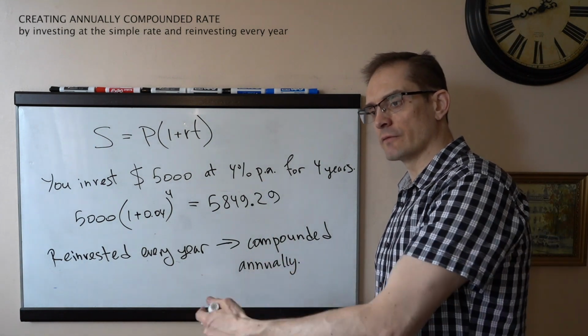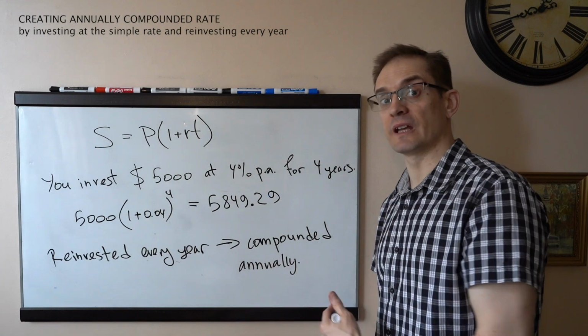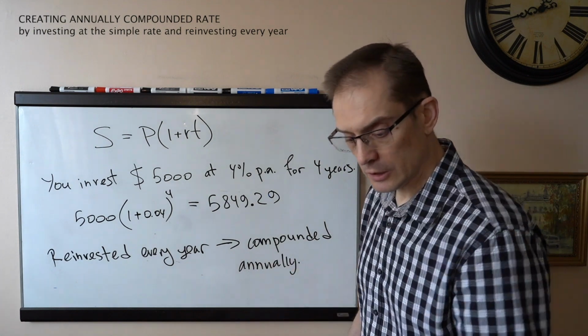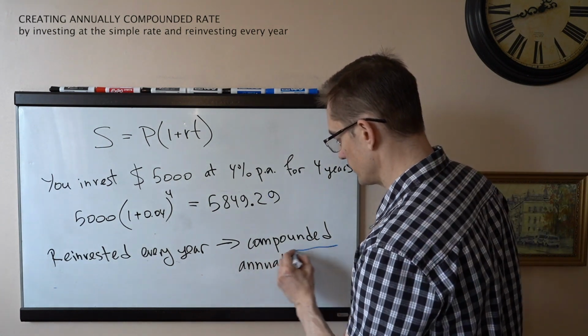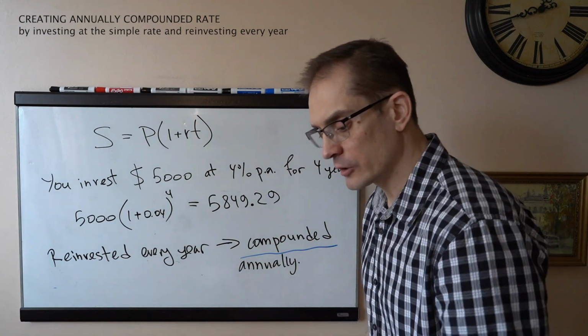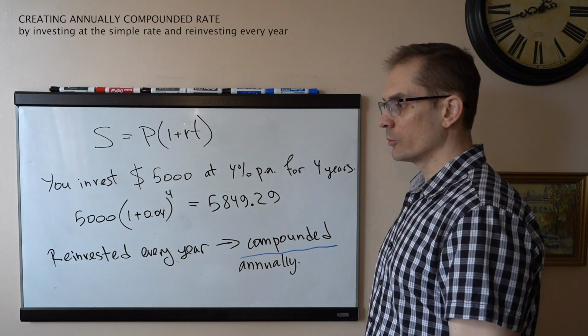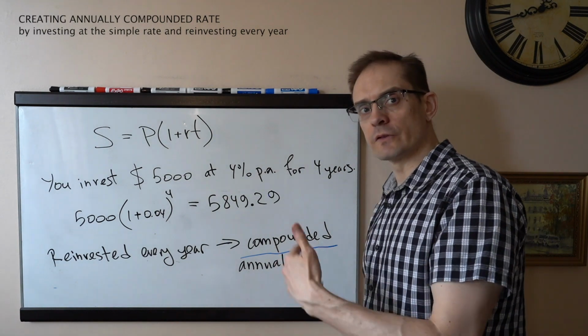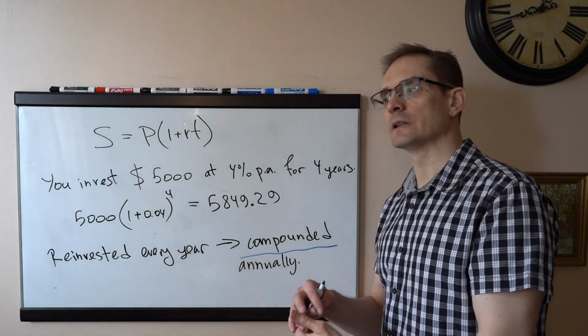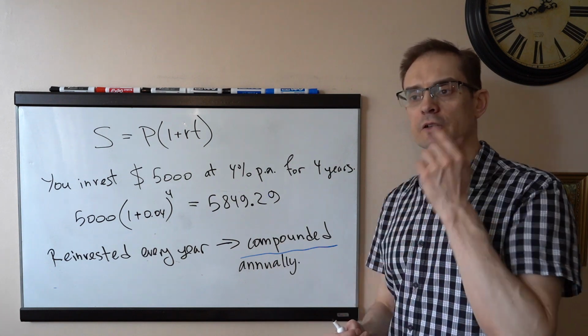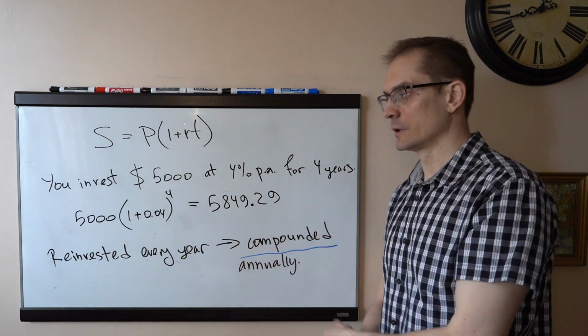So reinvesting every year is the same as compounding annually. That's just another term, which is a very important term. But the idea here is that we compounded interest annually, right? We invested at simple interest for each year, but we took advantage of the interest accumulated over the course of the year.